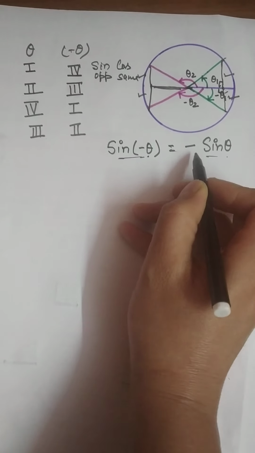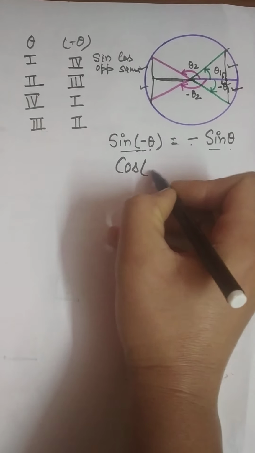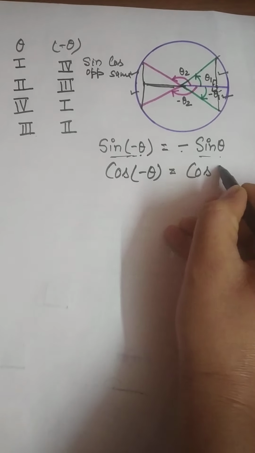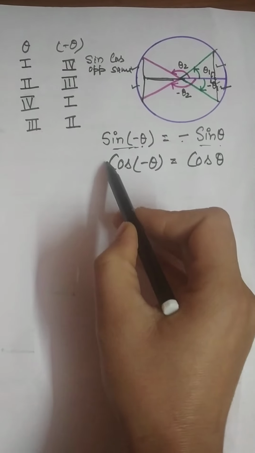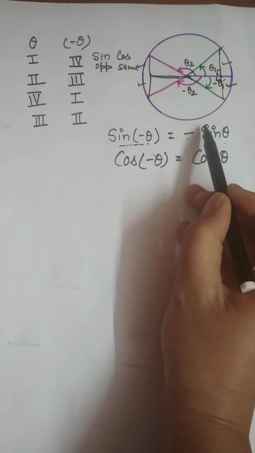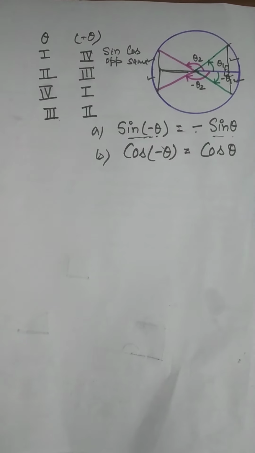They are equal in magnitude but opposite in sign. That's why this. And cos of minus theta is actually equal to cos theta. So whatever may be the value of theta, these two things will hold true. Okay, thank you.